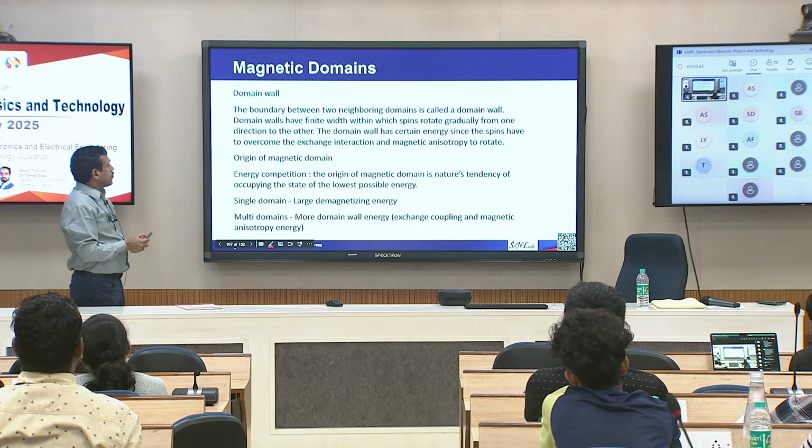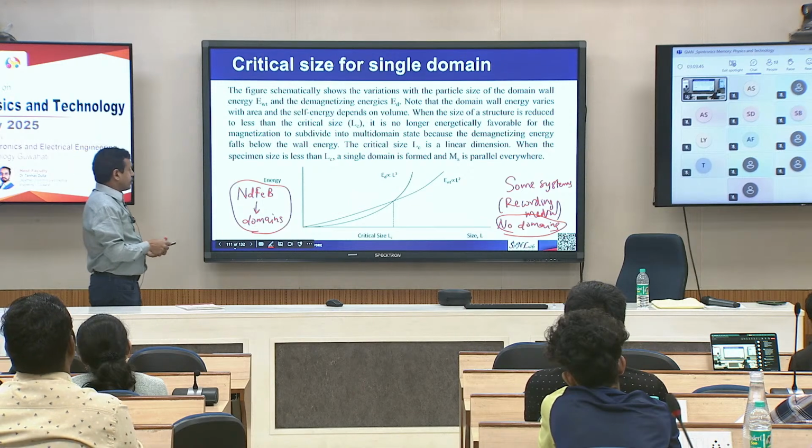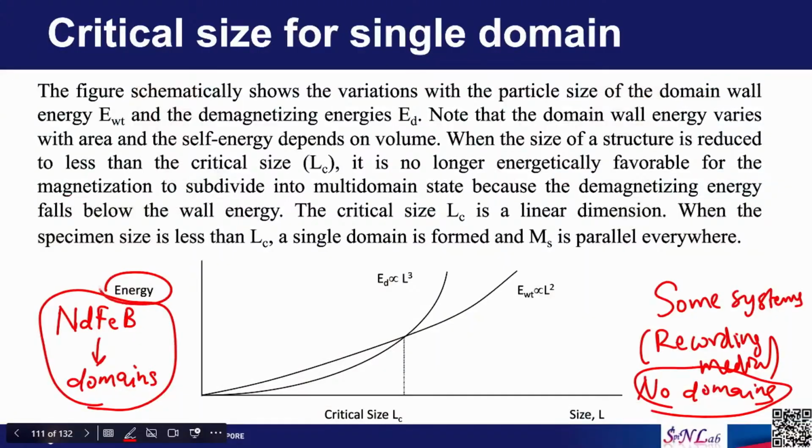That is what is shown in this picture. Here I am plotting the energy. The magnetostatic energy is given by this red line.